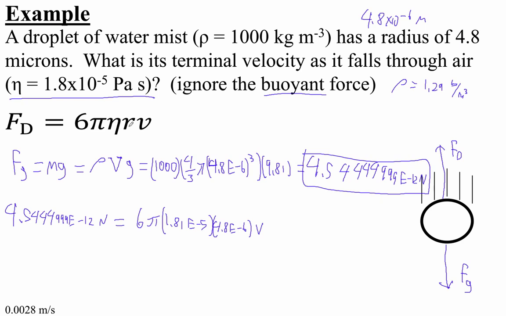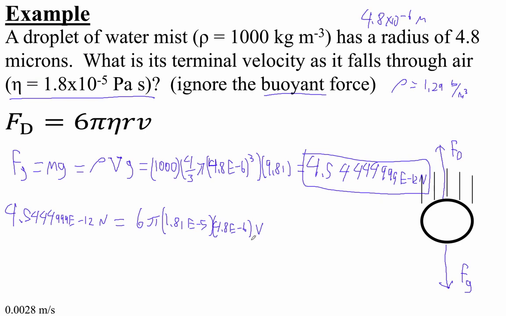So 6 pi viscosity radius velocity. I'm going to take the number on my calculator, divide by 6, divide by pi, divide by 1.81 e minus 5, divide by the radius, 4.8 e minus 6, and I should get my velocity.